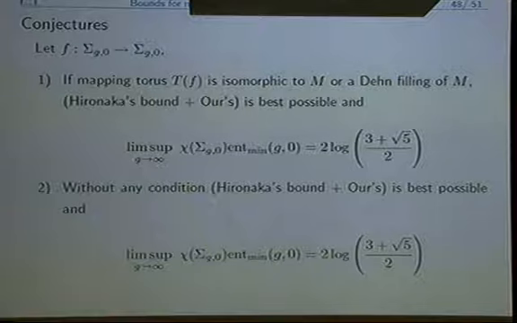Maybe this conjecture is true, but we can extend our conjecture to omit the condition that the complement is a Dehn filling of the magic manifold. Our conjecture is that without any condition, our series attains the minimal entropy.